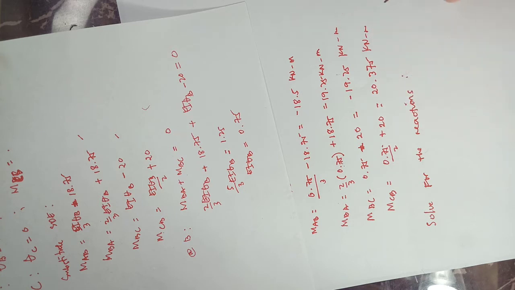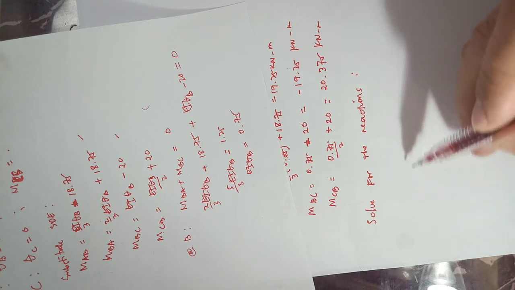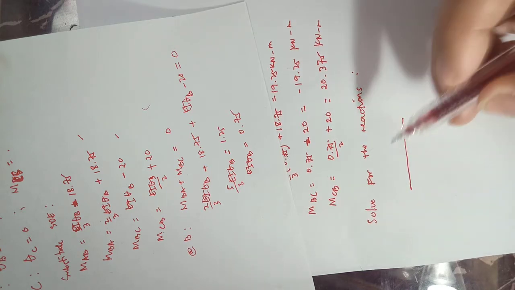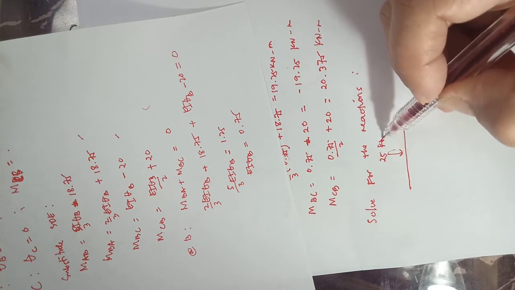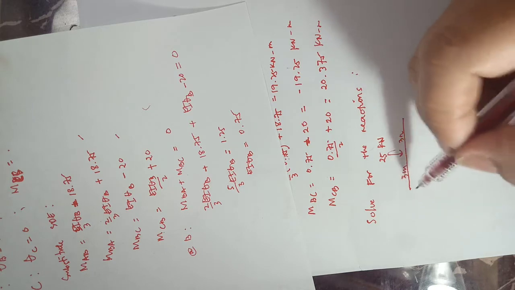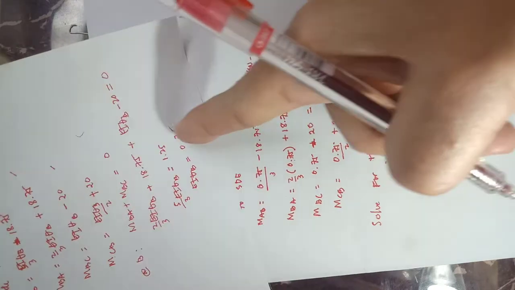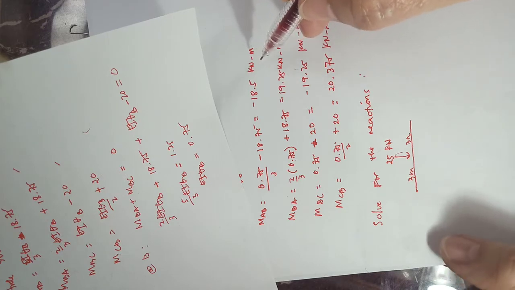Okay, so take note of the sign, no? So on span AB, you have a concentrated load of 25 kilonewtons. This is 3 meters, 3 meters. Okay, so AB, ang iyang moment is negative 18.5.